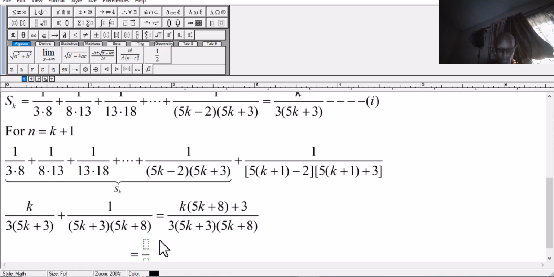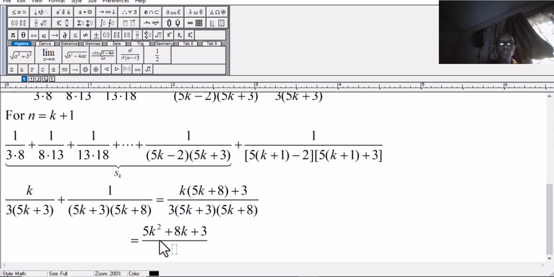So this gives us 5k squared plus 8k plus 3. So you don't need to open the denominator, just leave it as it is. 5k plus 3, 5k plus 8. So we have that.